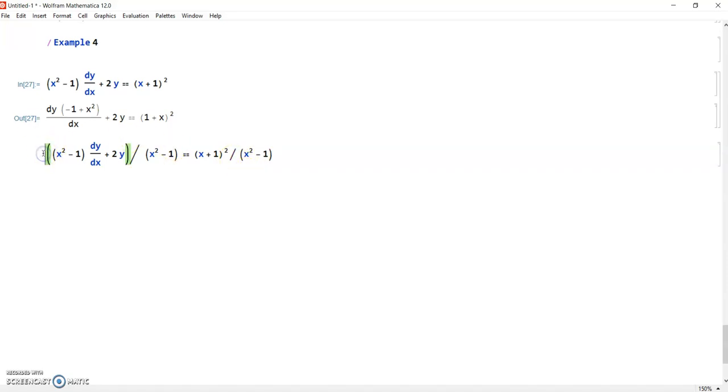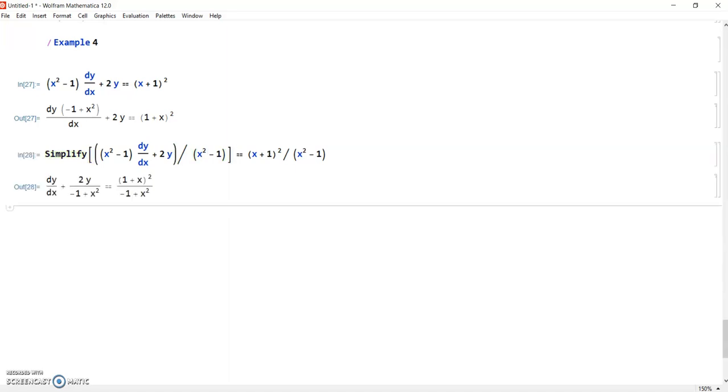And then on the left hand side, we will need to simplify. Also, we need to tell Mathematica that we need a simplification of that. So I can close the Simplify over here.